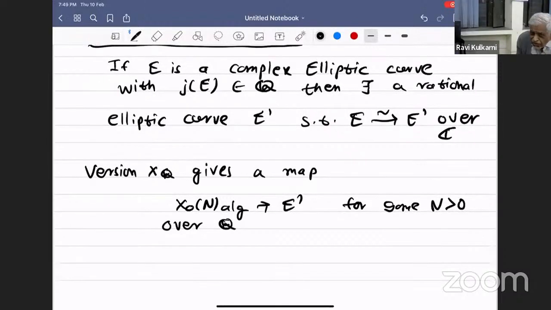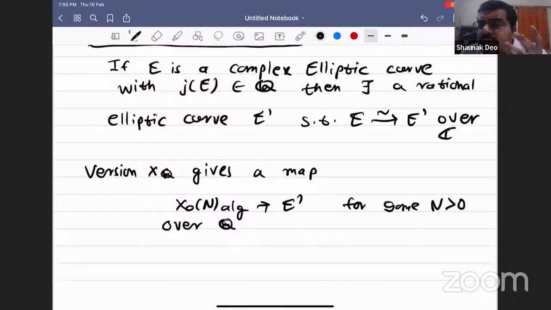So E is also defined over Q? No, not necessarily. The isomorphism could be over C; the isomorphism may not be defined over Q. But E has an underlying structure that is defined over Q.